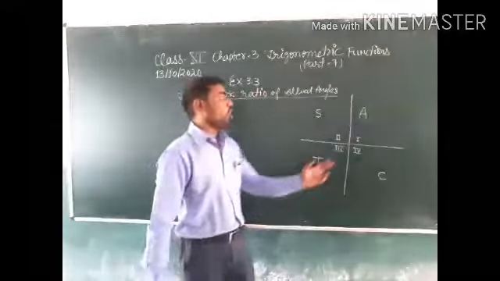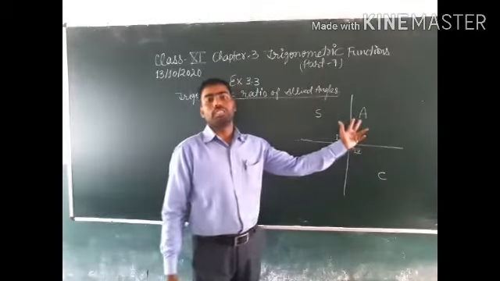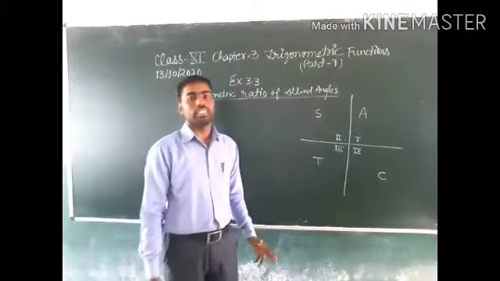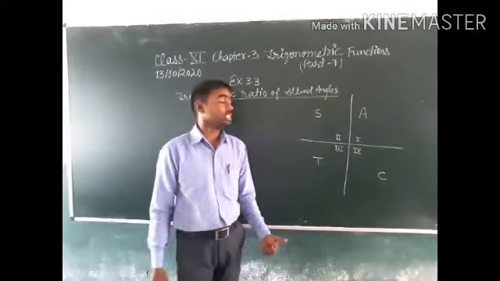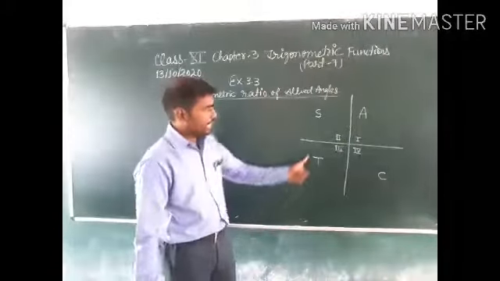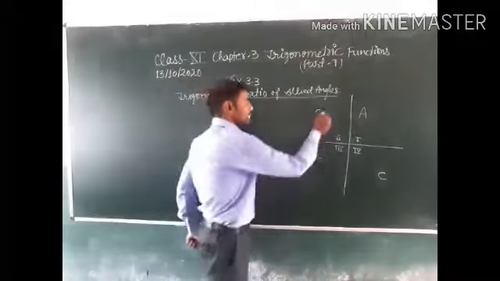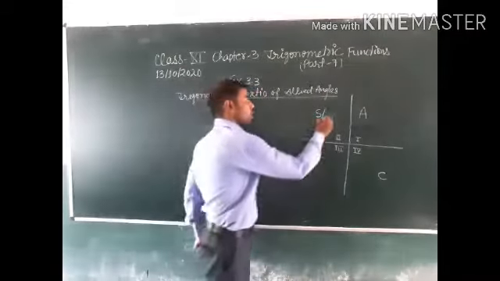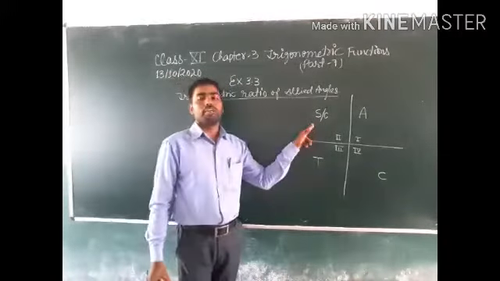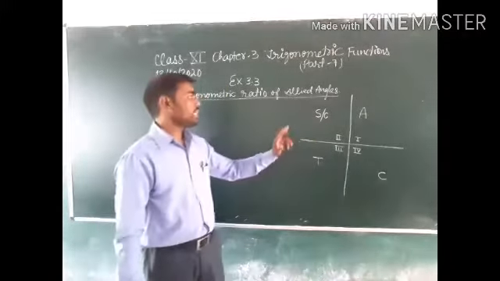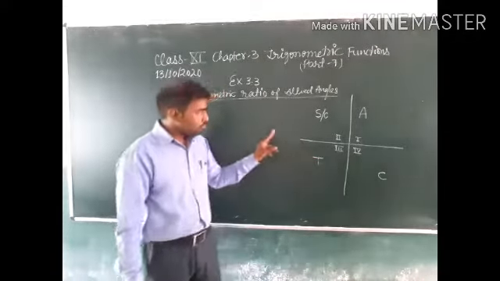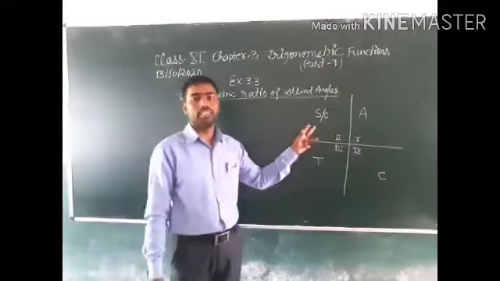A means all trigonometric ratios: sin theta, cos theta, tan theta, cot theta, sec theta, and cosec theta are positive. In the second quadrant, sin theta and its reciprocal cosec theta are positive, and the other ratios, tan theta, cot theta, sec theta, and cos theta, are negative.